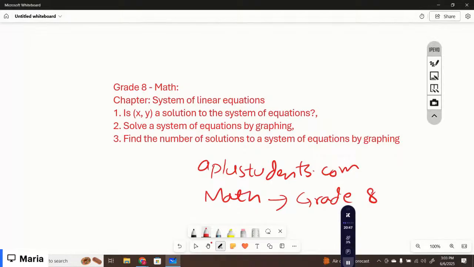The lessons we're going to cover today are: is (x, y) a solution to the system of equations, solve a system of equations by graphing, and find the number of solutions to a system of equations by graphing.